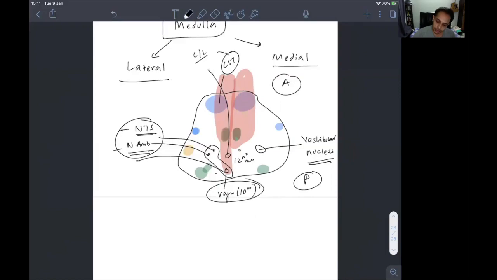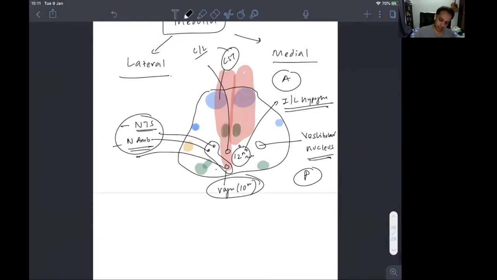You have your 12th nucleus, so you have ipsilateral hypoglossal nerve problem, that is your tongue involvement, and you can have your medial lemniscus. The medial lemniscus contains fibers that have crossed over from the posterior column, so if there is a lesion, it will be on the opposite side. So you will have contralateral posterior column involvement.